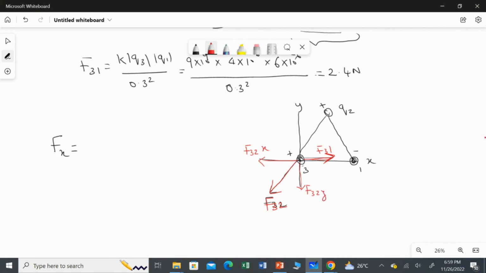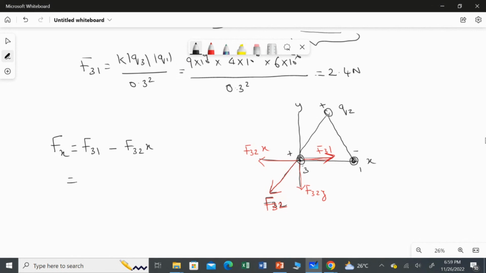Right? So this value F of 3 1 minus F of 3 of 2 x, both having the x component force. Am I right? So how can I write for finding the x component force, F of 3 of 1 minus F of 3 of 2 x component.